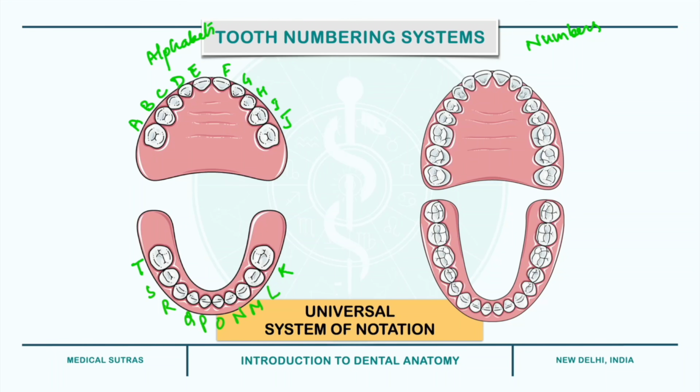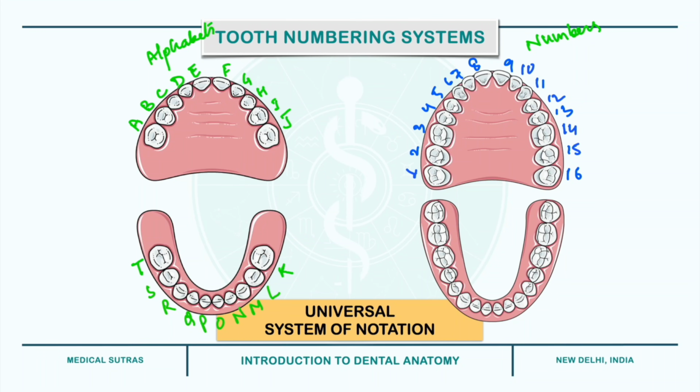Now coming to the permanent dentition, the numbering here starts from the upper right third molar. So we will have 1 here, then 2, 3, 4, 5, 6, 7, 8, 9, 10, 11, 12, 13, 14, 15, and 16.